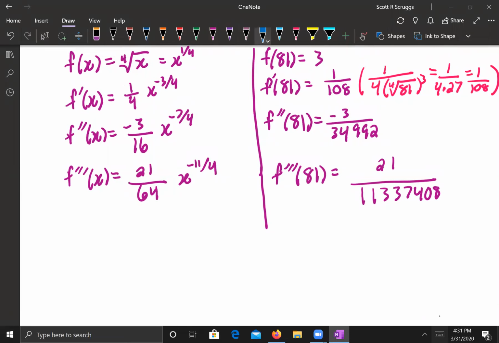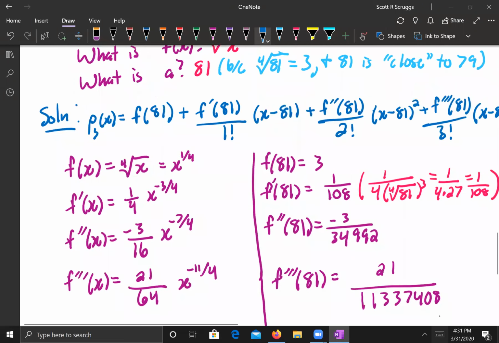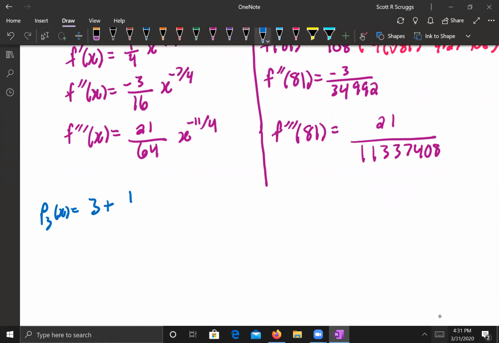But with all these nasty numbers, let's plug it in and get that our third order Taylor polynomial is f at 81, which we now know is 3, plus our first derivative at 81 divided by 1 factorial times x minus the center, 81. So 1 over 108 times x minus 81.